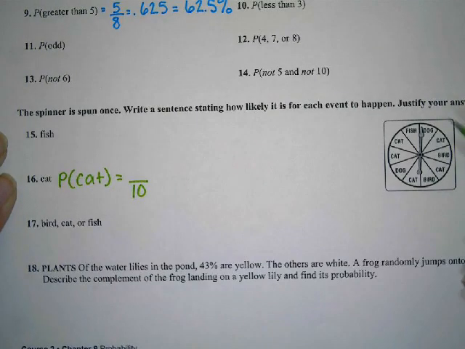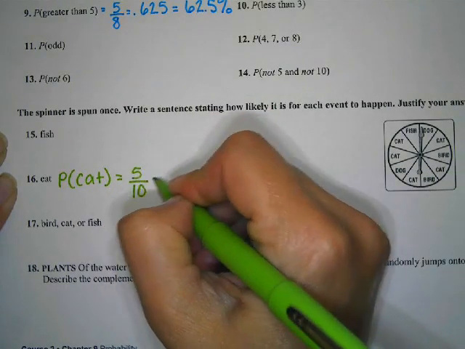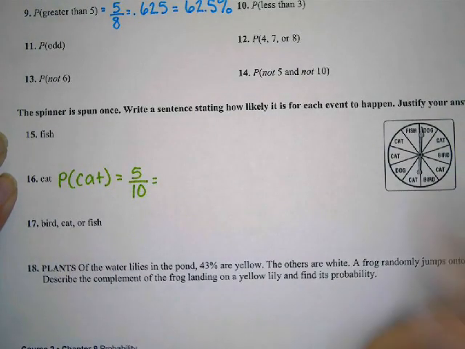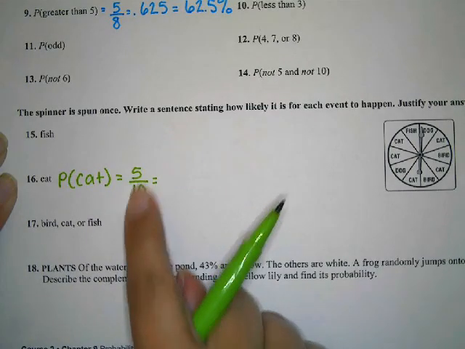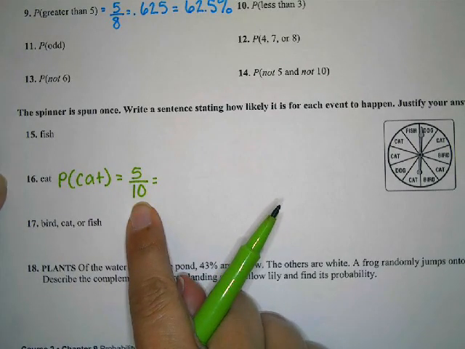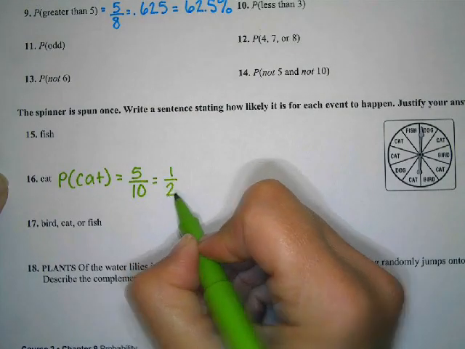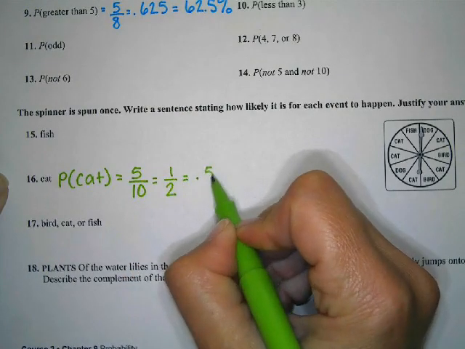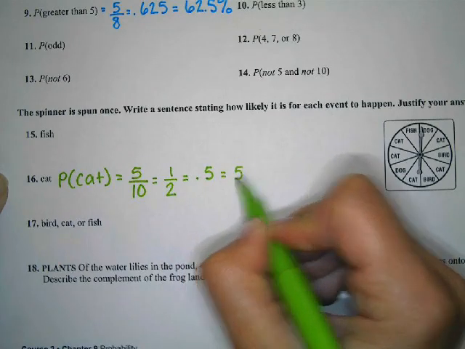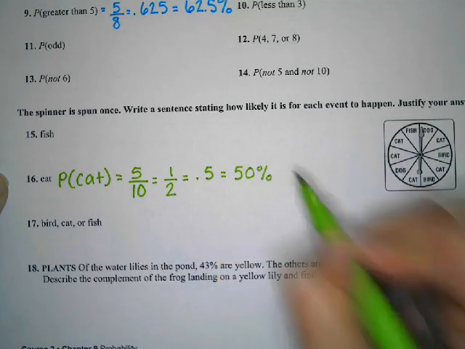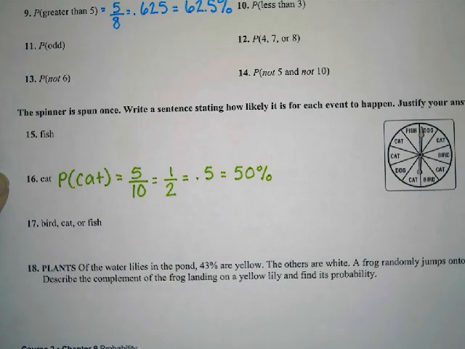How many times could we stop on a cat? 1, 2, 3, 4, 5. So when we spin this, we have a probability of 5 times out of 10 of landing on a cat. So we could reduce that down to 1/2, which is the same thing as 0.5, which is the same thing as 50%. So there's a 50% chance of doing that. So go ahead and finish those out.